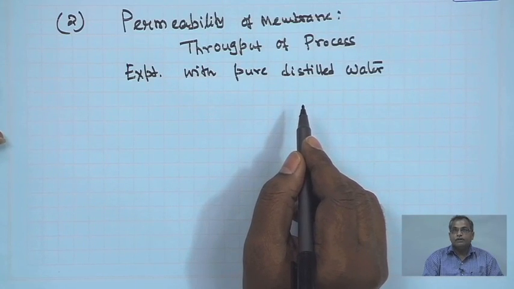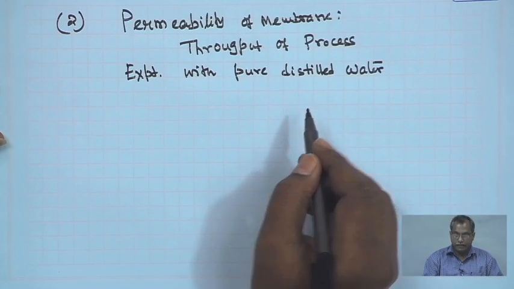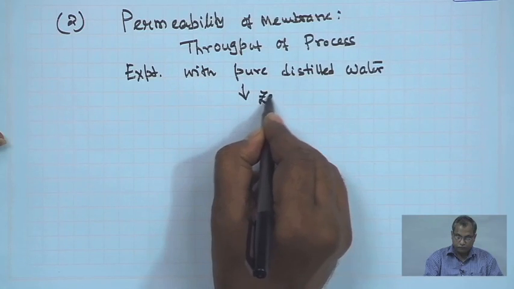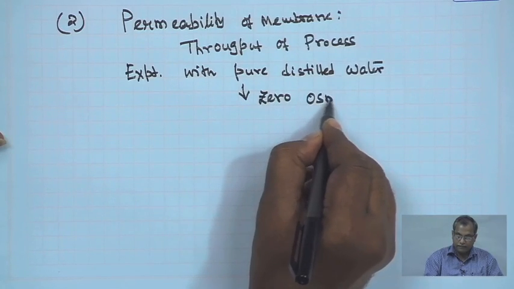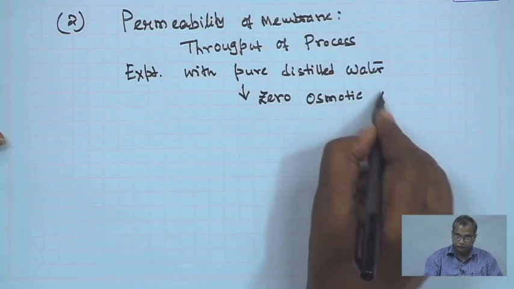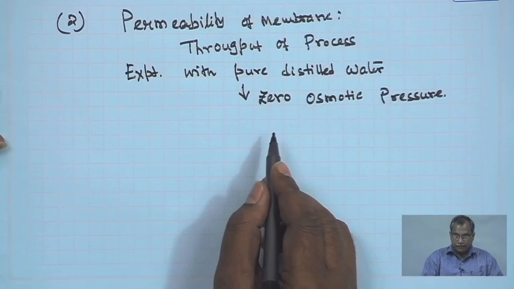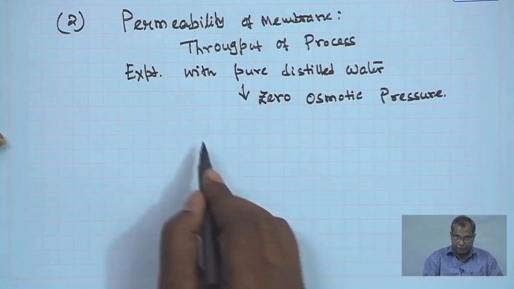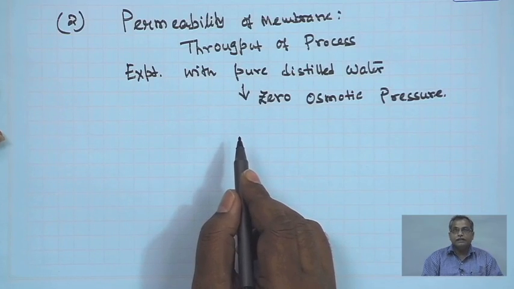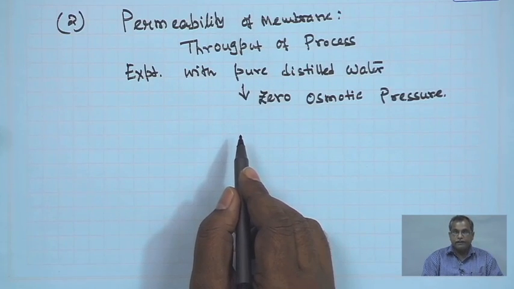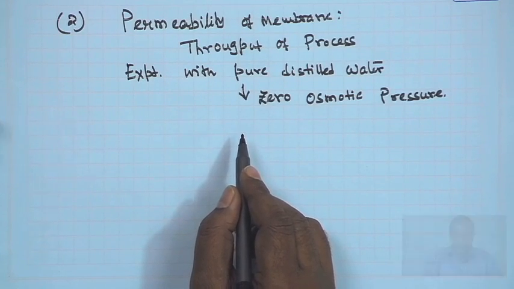Because pure water will have a zero osmotic pressure, as we have discussed in the last class. Hence, we measure the permeate flux at different operating transmembrane pressure drops in a small batch cell.